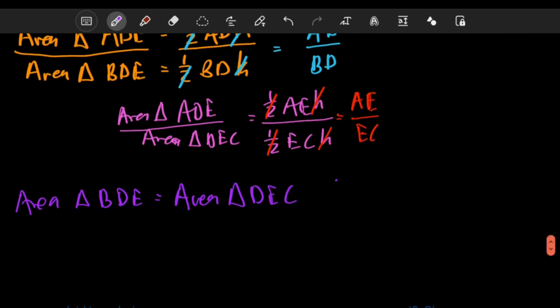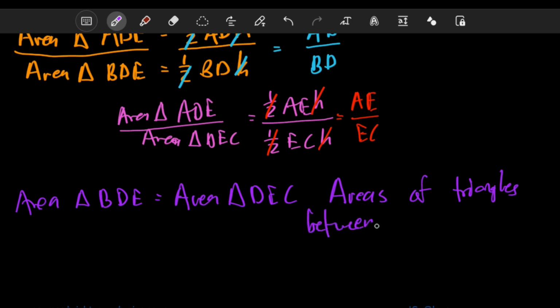The reason is areas of triangles between parallel lines. Write nicely. Parallel is a weird word, right? I don't know if it's spelled with two R's and one L, but I'm assuming so.